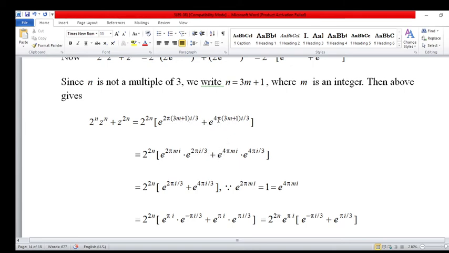First is e raised to the power 4 pi i m, and e raised to the power 4 pi i upon 3. So common factor here, e raised to the power twice pi m i is equal to 1, and again e raised to the power 4 pi m i is equal to 1, means this can be written as this type.